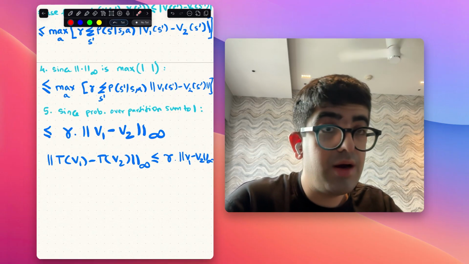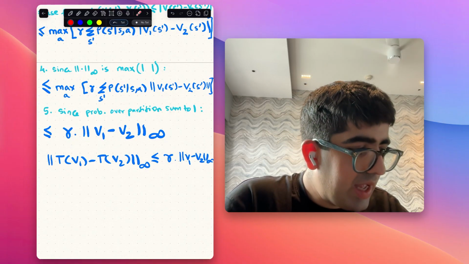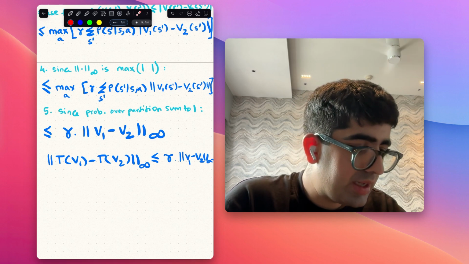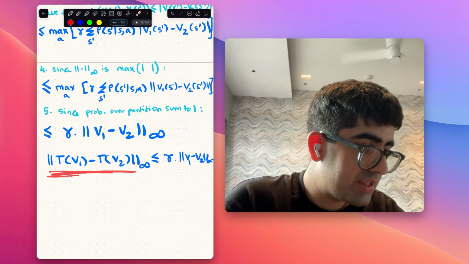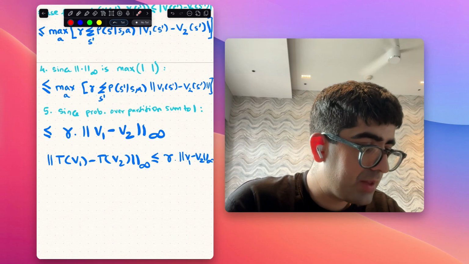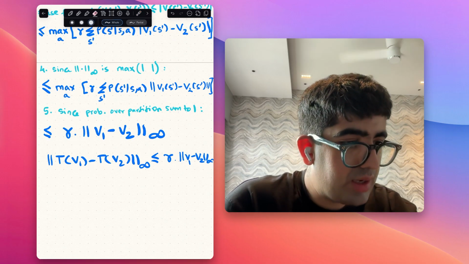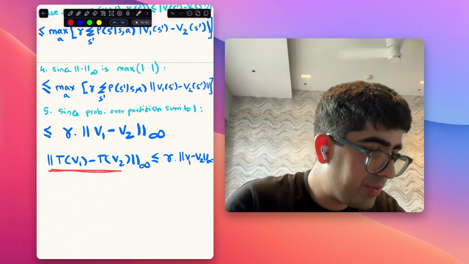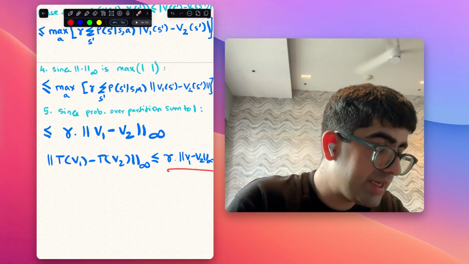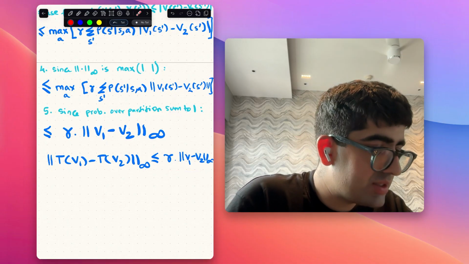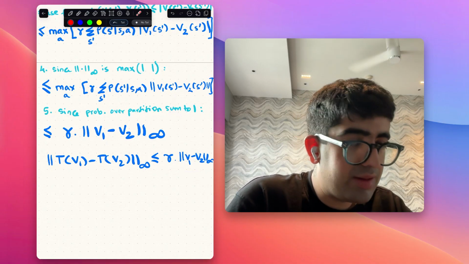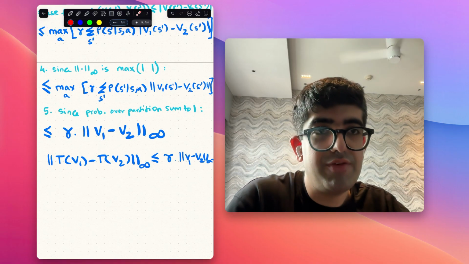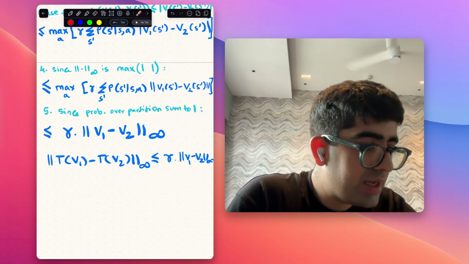But on the other hand, when we have gamma as a very small number, then there would be a big difference between the left-hand side and the right-hand side, which means that the Bellman operator is shrinking the value function really rapidly.